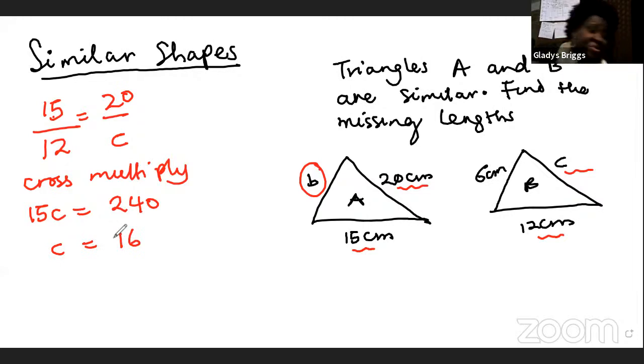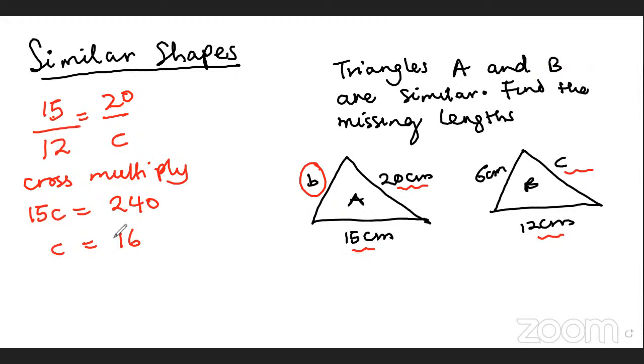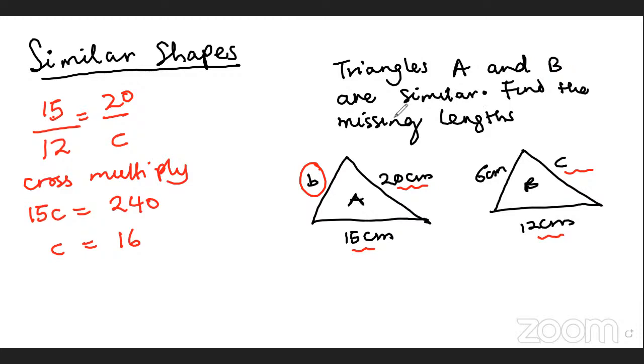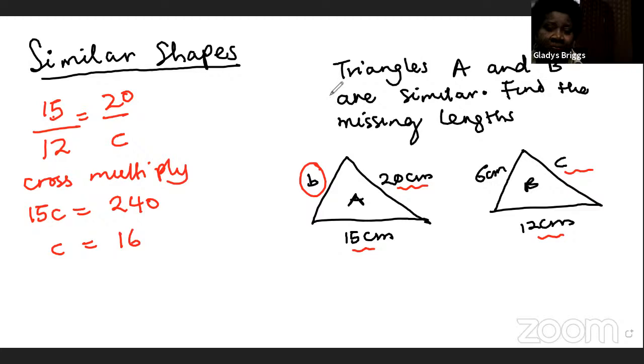I have one question. A and B, are they similar? A and B are similar. Why are they similar? From the bottom we have 12 and 15?